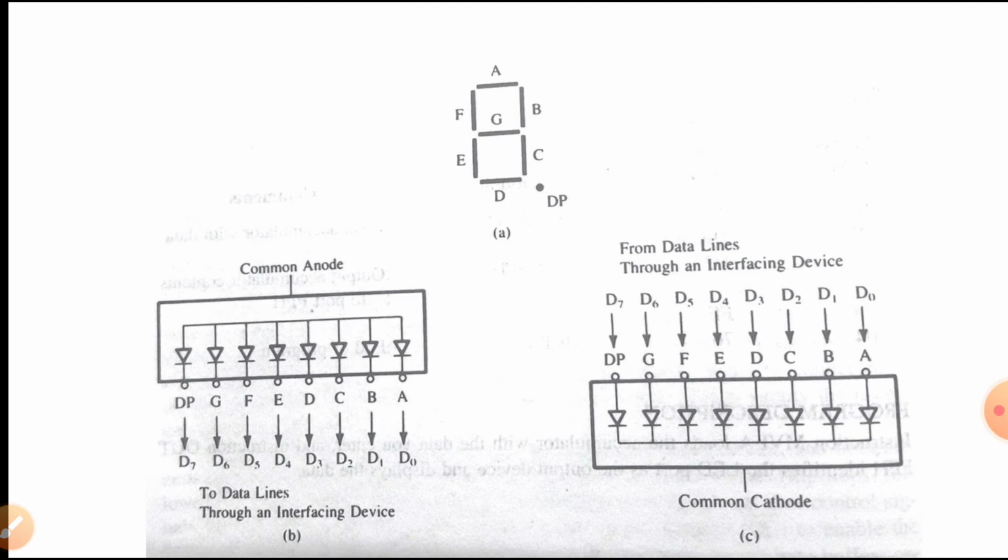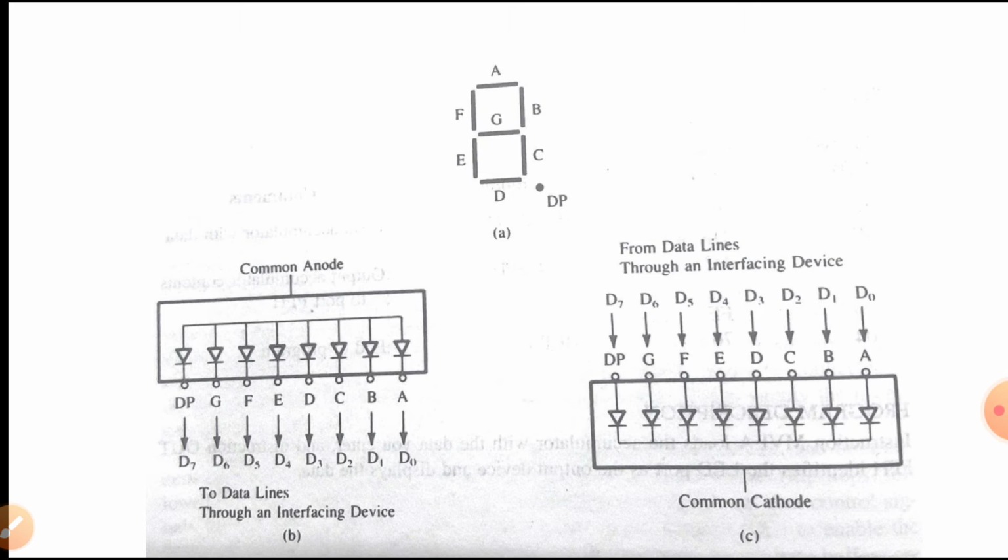So it means 0, 0, 0, 1, 1, 1, 1, and bit 7 is connected to DP. So bit 7 is not taken into account because we don't want to display the decimal point. So it will be a don't care condition, so it will be 0. So the value will be 0, 1, 1, 1, 1, 0, 0, which is equal to 78.